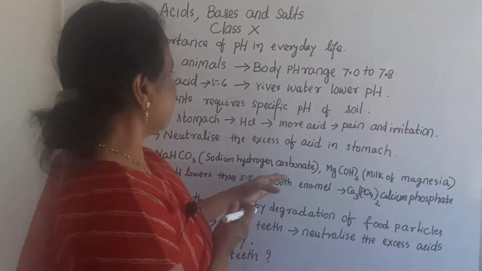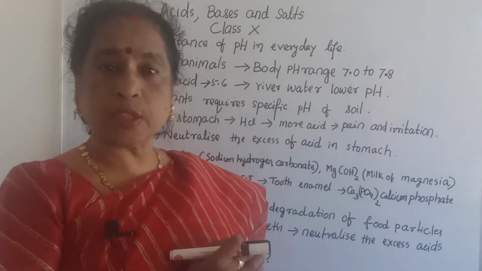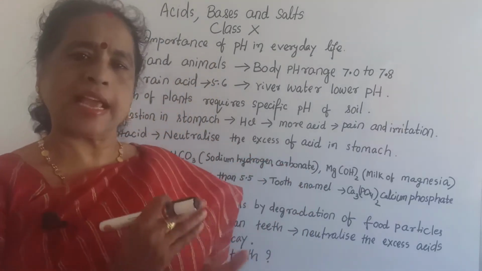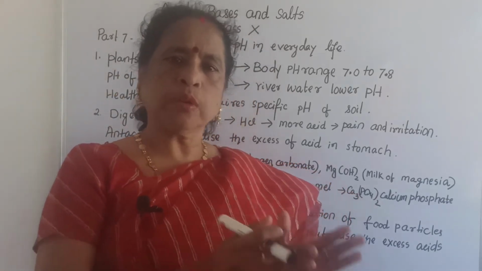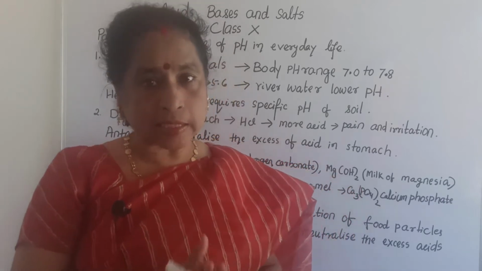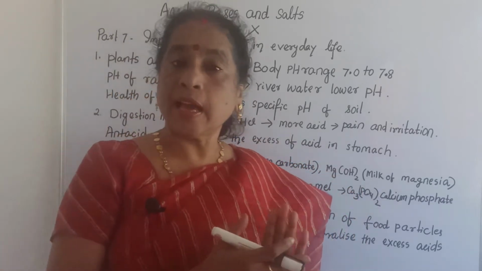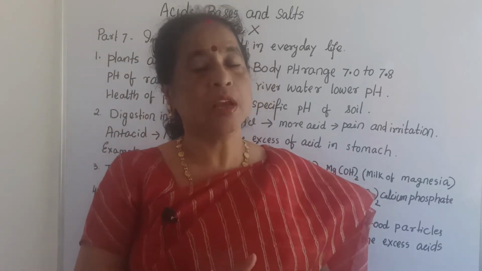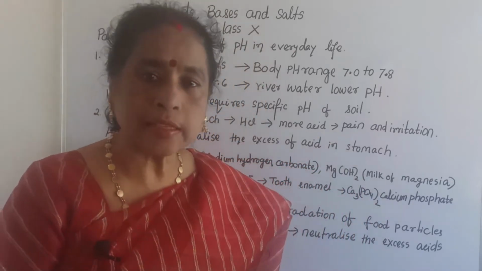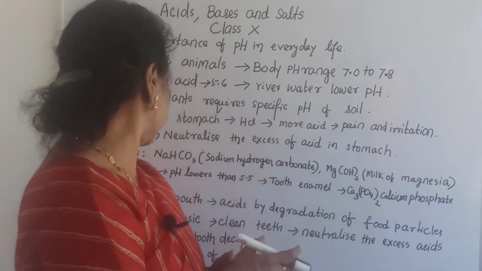Similarly, milk of magnesia, Mg(OH)2. And what is the formula of sodium hydrogen carbonate? NaHCO3. Both are used to neutralize the excess of acids. That is why they are known as antacids. An antacid is one which neutralizes the excess of acids in the stomach.